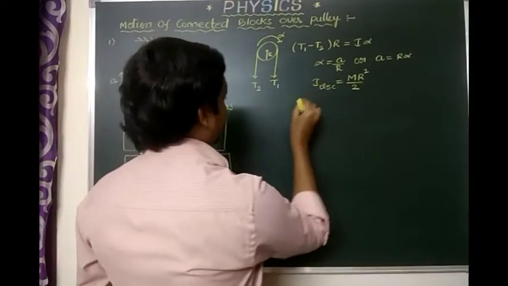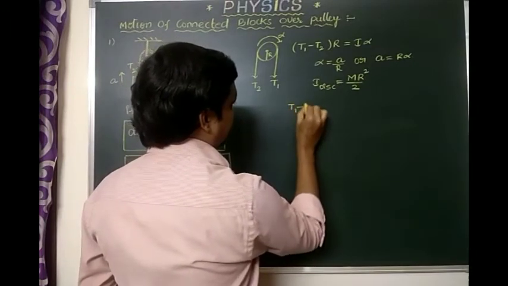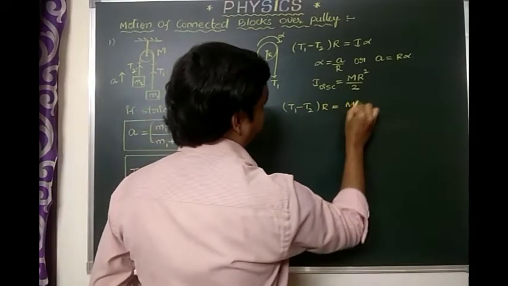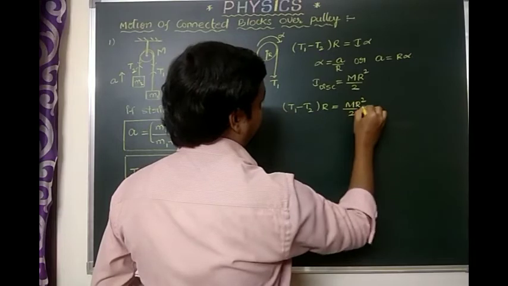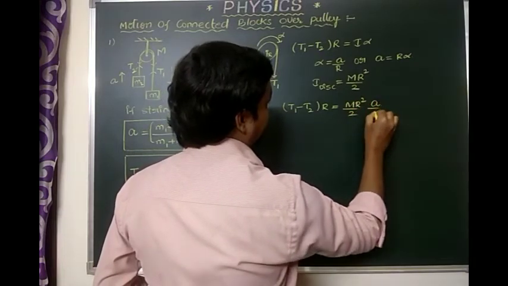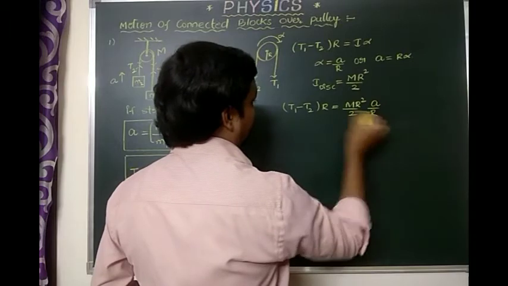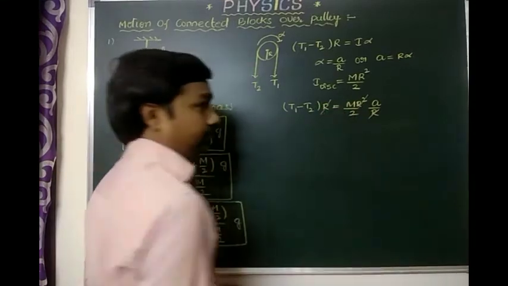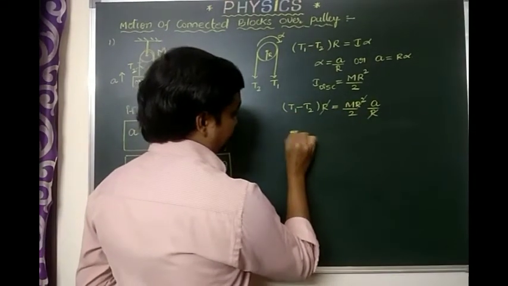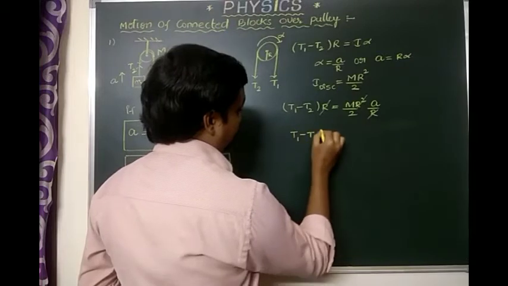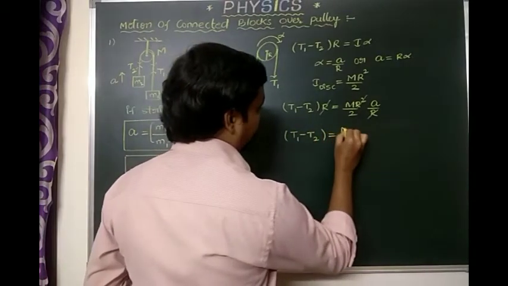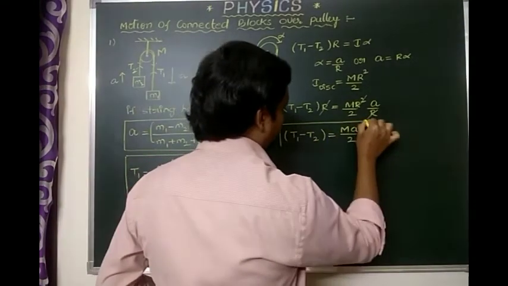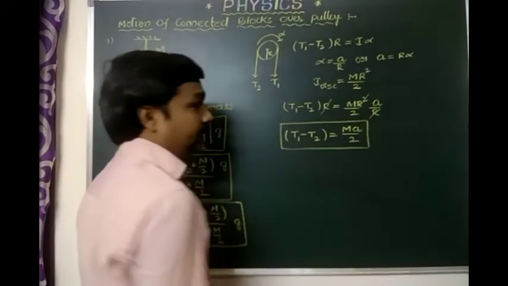So we get one relation: T1 minus T2 into r is equal to m r square by 2 into a by r. Here r square gets cancelled. So we get the formula: tension difference T1 minus T2 is equal to m a by 2. This is the relation between tension difference and acceleration.